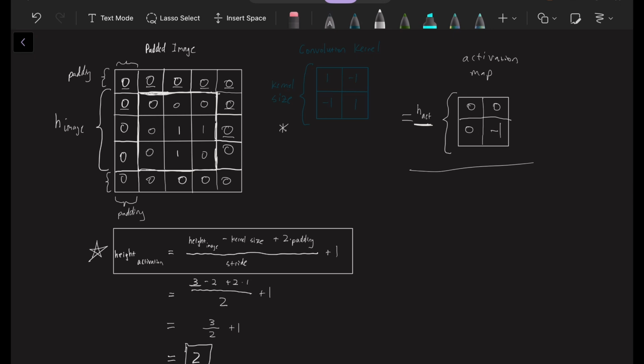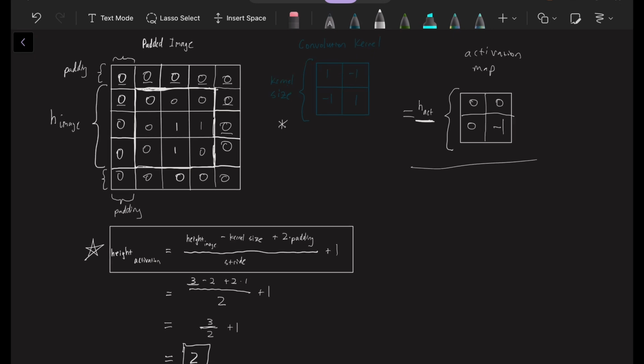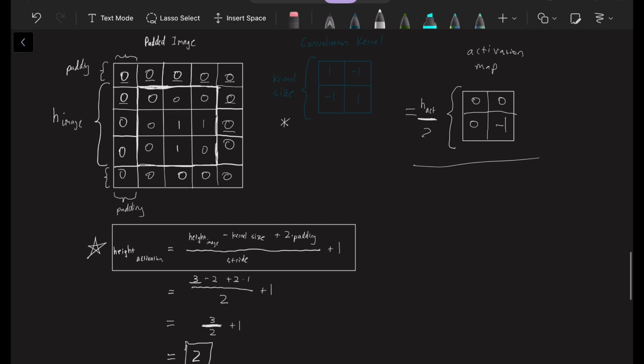We add it to 2 times our padding size, which is 1, if you remember. And then we divide all that by stride. And then we add 1 to that result. And this division will actually be a floor division here, which is why we don't want fractions, right, in our output size. We always want whole numbers. And so you can see that we do indeed get an output height of 2, which matches what we actually got here.